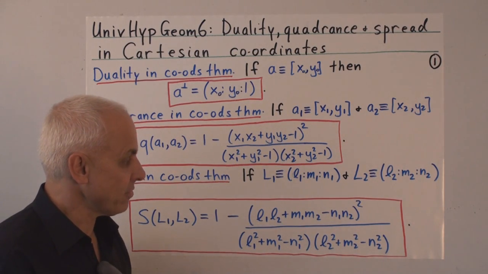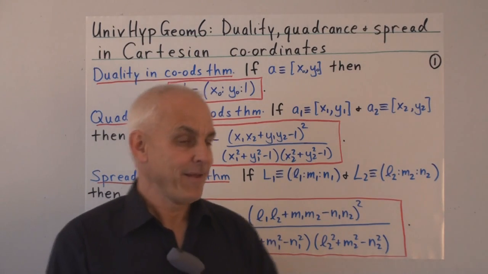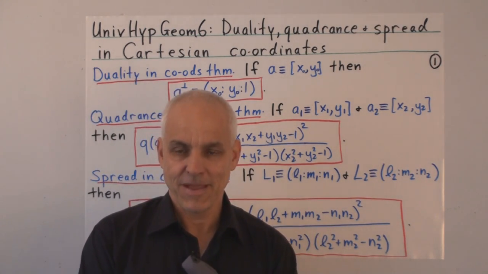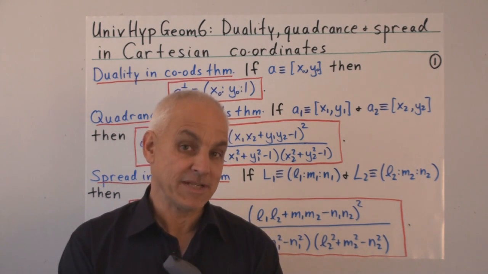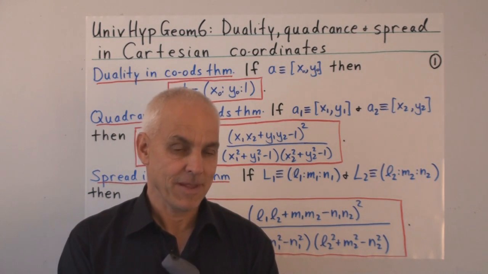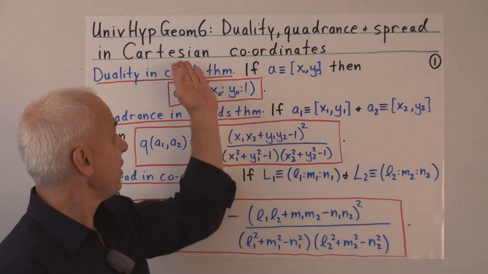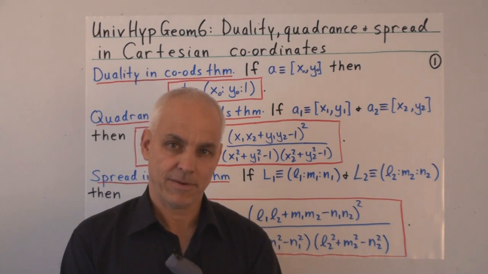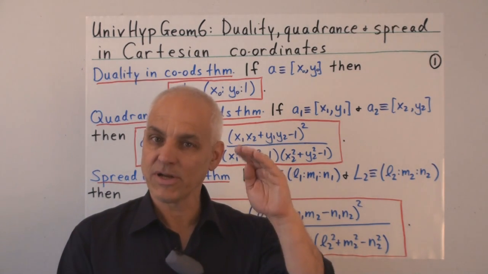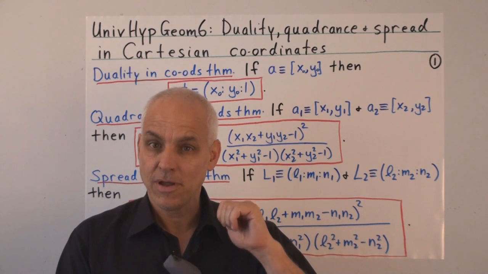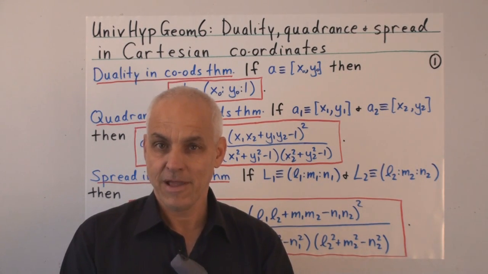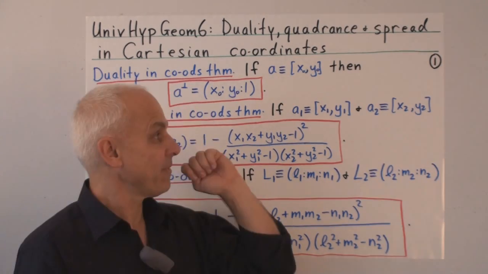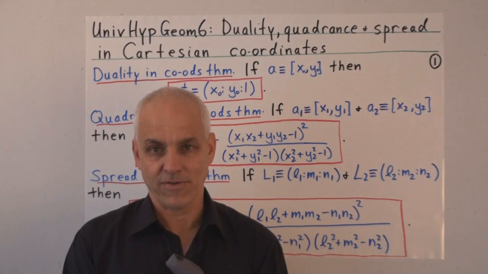The other thing that I have to mention at this point is that in some sense these formulas are preliminary. They are not ultimately the formulas that we are going to use. They are very well suited for work within the Cartesian coordinate framework, the usual xy plane. But very shortly we're going to step up a notch to the projective plane, and we're going to use homogeneous projective coordinates, whatever they are, instead of these Cartesian coordinates.